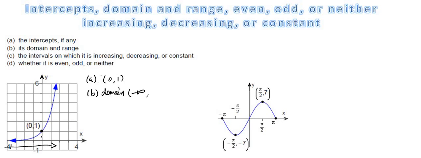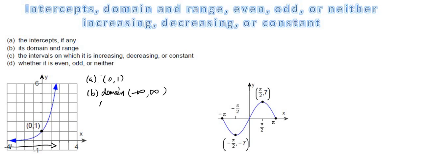Then we try to find the largest x value, and we can see the curve always goes up. Correspondingly, the x value always goes right, or the x value is approaching positive infinity. Okay, so from negative infinity to positive infinity.